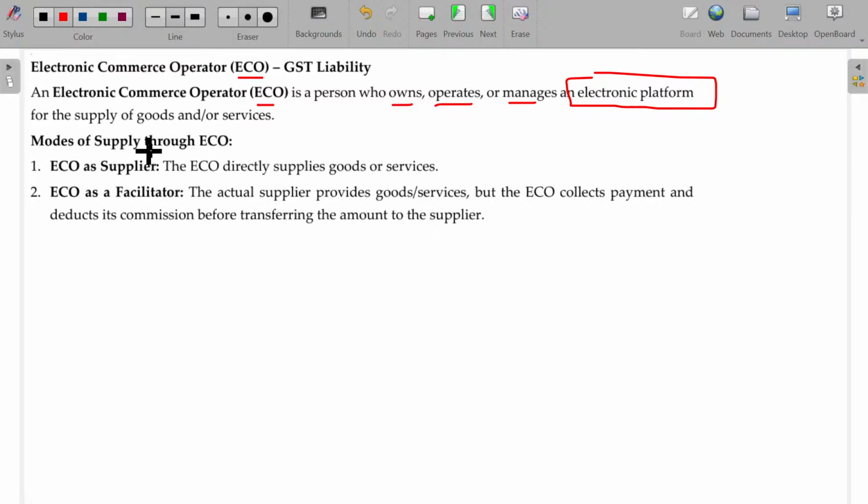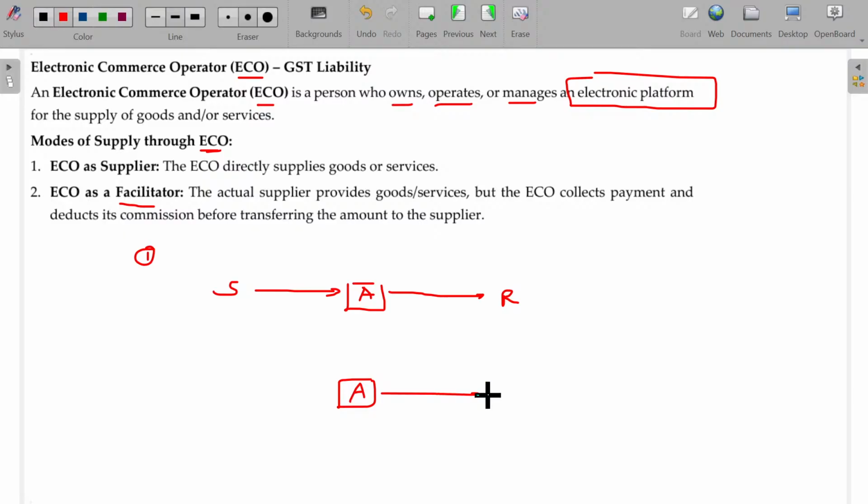Modes of supply through ECO: ECO as supplier, and ECO as a facilitator. So we have two cases. Take Amazon, a supplier and a recipient. The supplier supplies his goods through Amazon and it reaches the recipient. This is one case. Amazon will also supply its own items to the recipient.